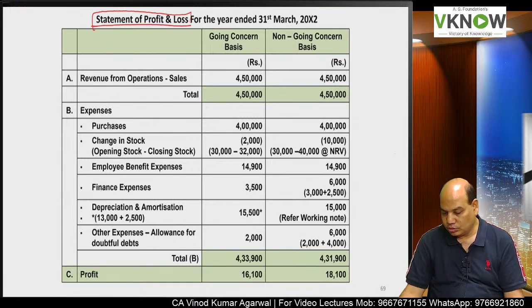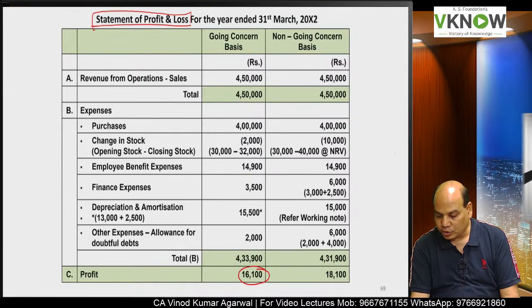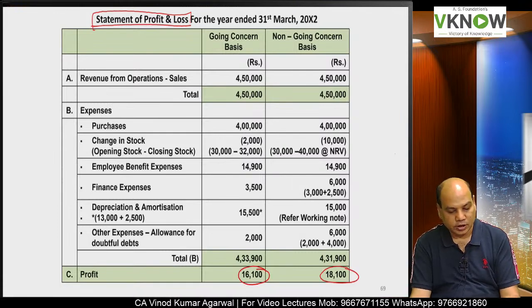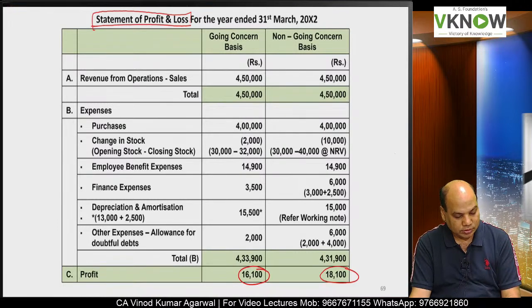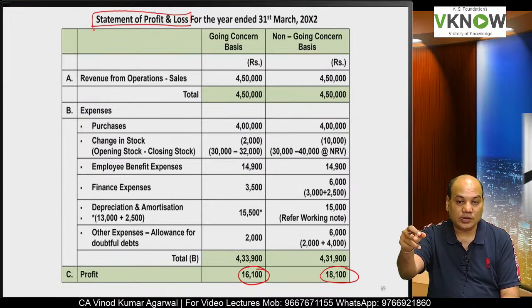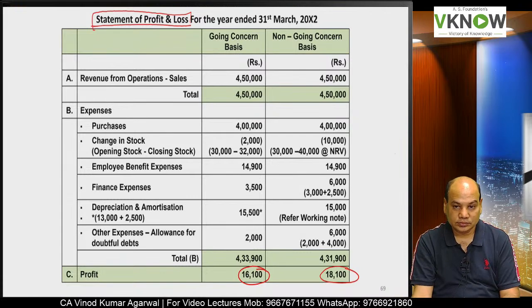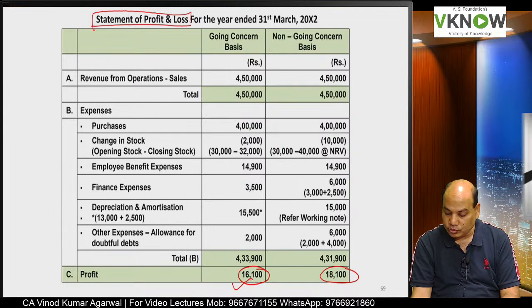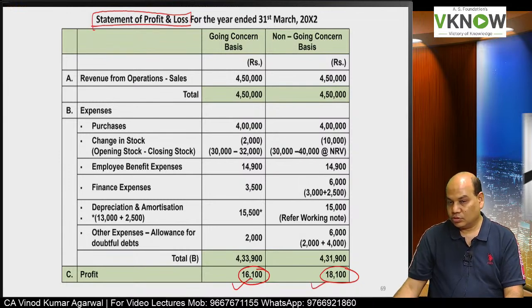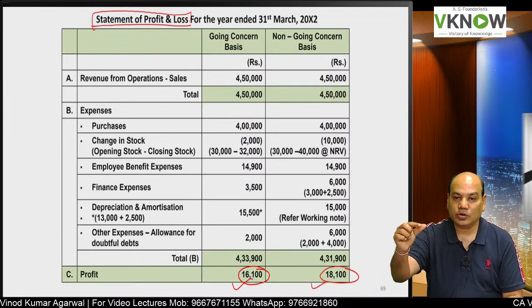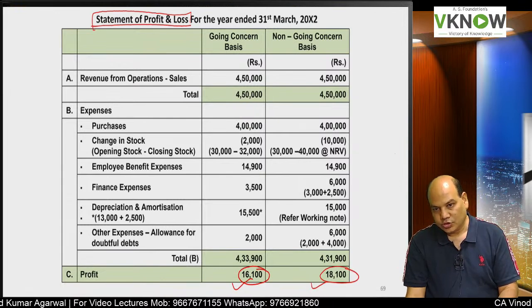18,100. So what you'll do, you will add this profit to the opening profit figure. If you look at the balance sheet, you have profit and loss account 25,000 on the liability side. Is it there? Question book. Plus you have to add this profit. So that will give you the closing balance of profit and loss. Understood?